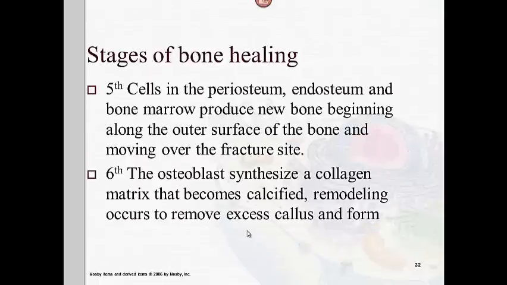Then the periosteum, the endosteum, and the bone marrow are activated to start forming new bone by activation of osteoblasts. So the bone-forming cells in the periosteum, the endosteum, and the marrow are activated to produce the procallus. Remember that those osteoblasts are activated by the matrix and by PTH, and the osteoblasts within the procallus synthesize collagen and matrix.